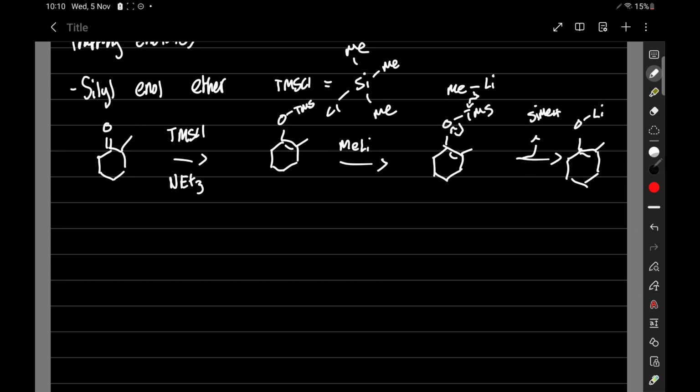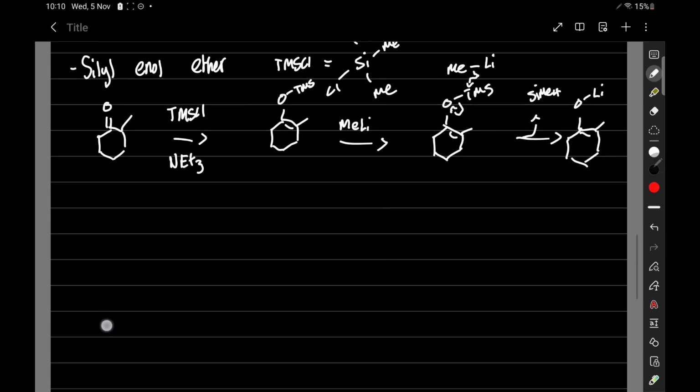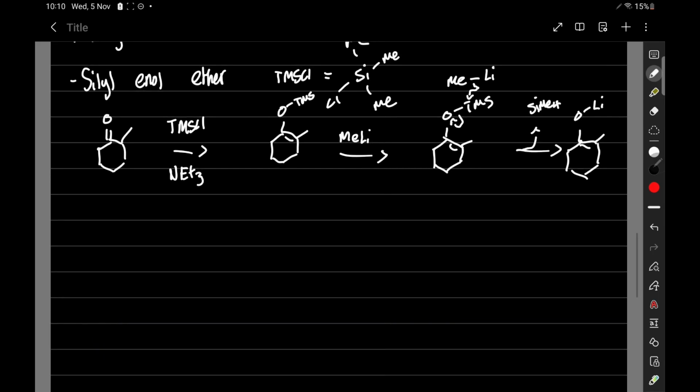So I've now trapped my thermodynamic enolate.